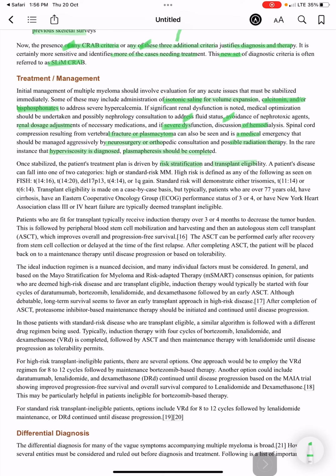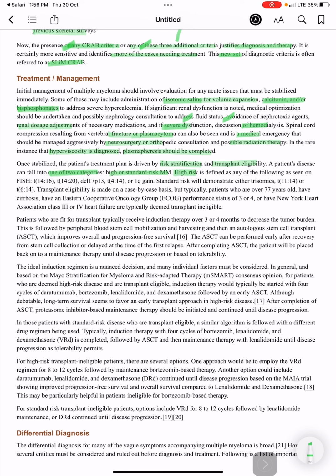A patient's disease can fall into one of two categories: high or standard risk multiple myeloma.